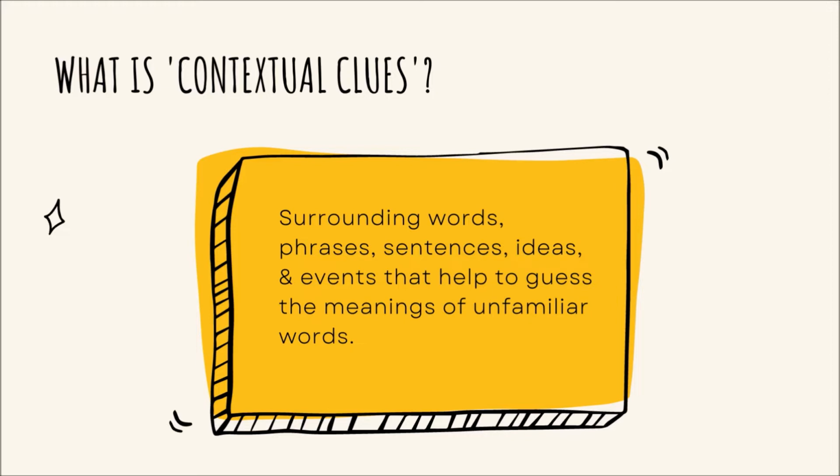In other words, you try to guess the meaning of one word that you don't really understand by looking at the surrounding words, phrases, sentences, in order to get an idea of what that particular unfamiliar word really means.